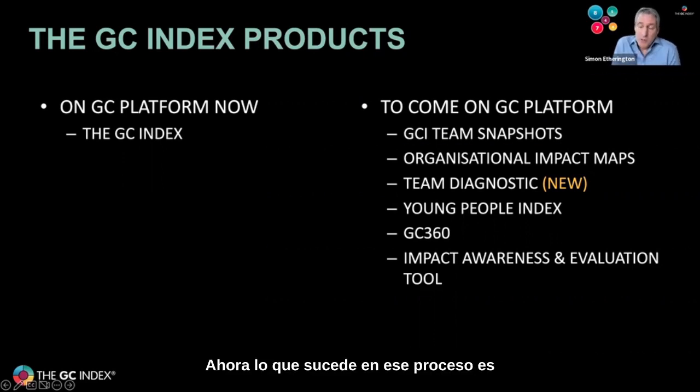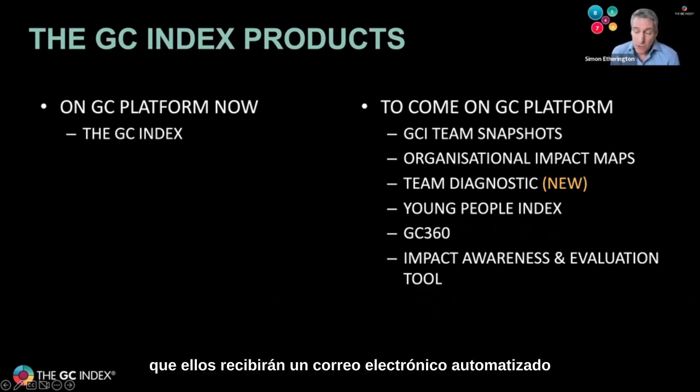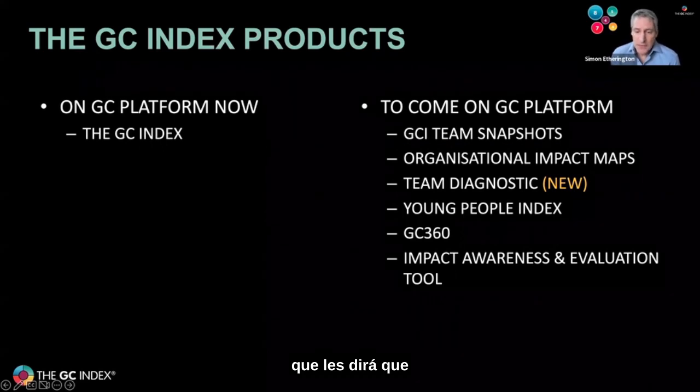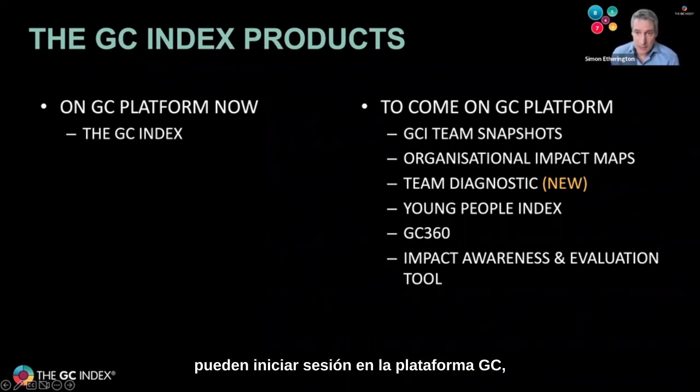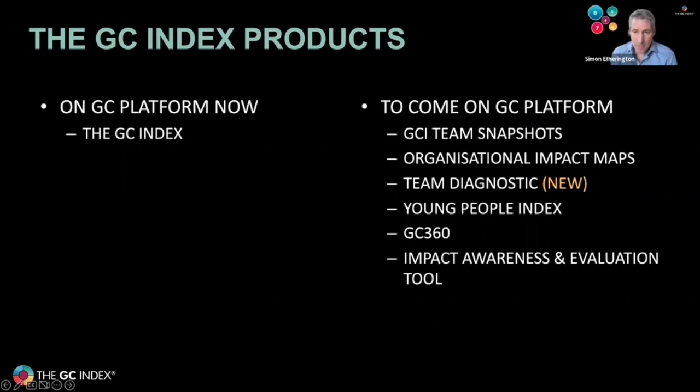Now, what happens in that process then is that they will get an automated email. That automated email will say to them that they can log on to the GC platform. It gives them a log-on account. Most of you have done this already yourselves. And then when they get into the platform, they can see their report, they can download their report, and they can see information about them.